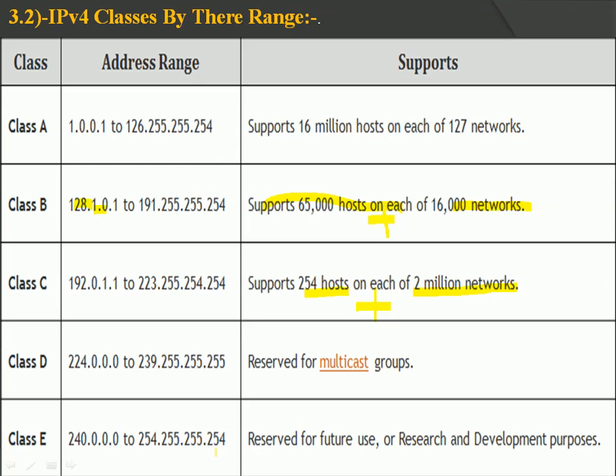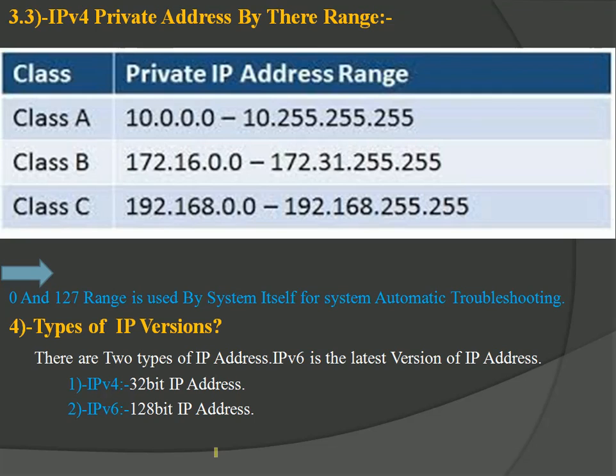So guys, what is our next topic? The next topic is IP version 4 private addresses by their range. In class A, the range reserved for private addresses is 10.0.0.0 to 10.255.255.255.